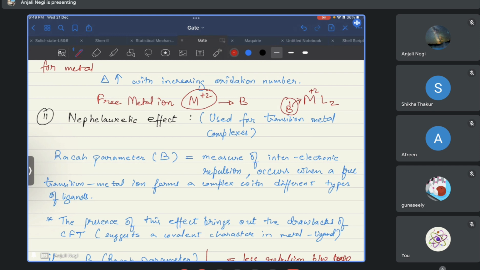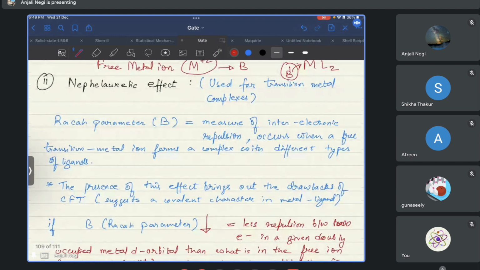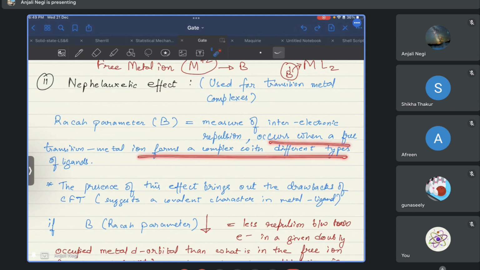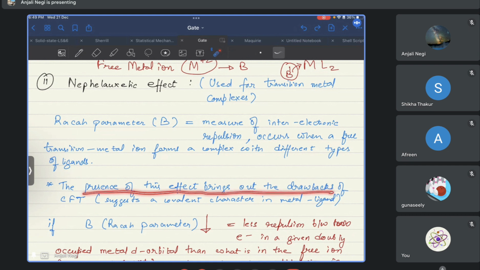Hence this B Racah parameter decreases in the complexation process, in ML2. I hope you understand this. The presence of this effect brings out the drawback of CFT.